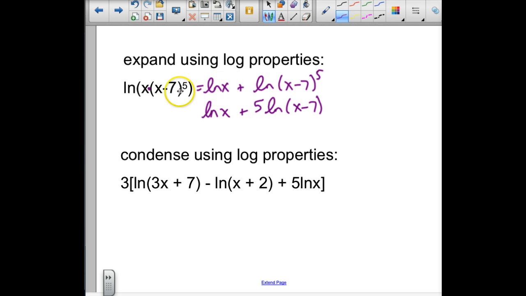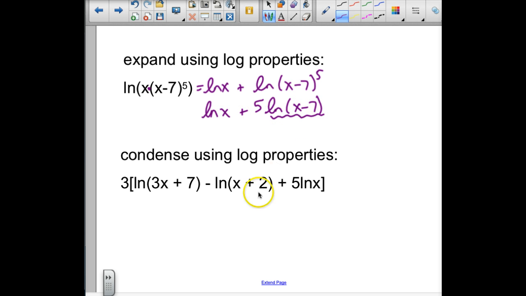It does not go to here. We cannot put the 5th power out in front of here because that 5th power is not on this x. So that's expanding using log properties. That's as much as we can expand it. You cannot expand a subtraction or an addition quantity inside of a natural log. So that's as expanded as it gets.